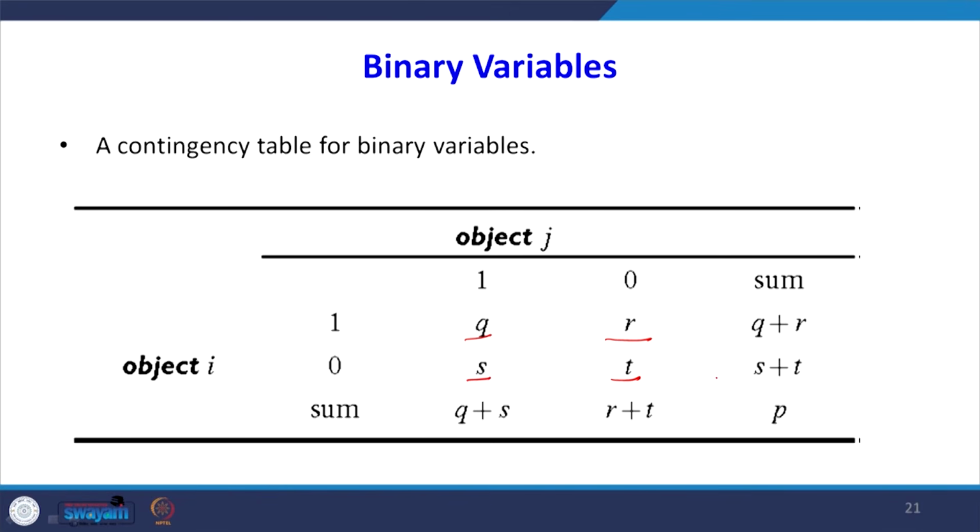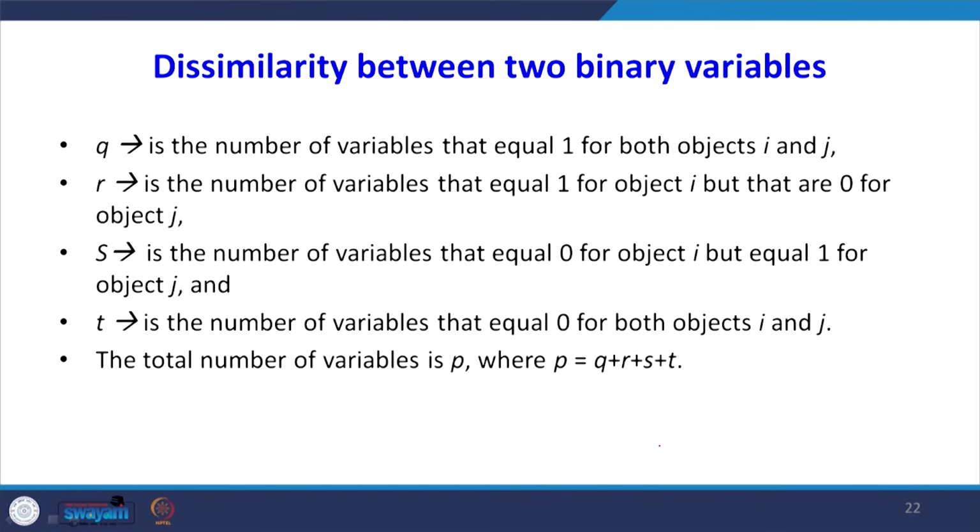The row sum is q plus r when i equal to 1. When i equal to 0, the row sum is s plus t. Similarly, when j equal to 1, the column sum is q plus s. When j equal to 0, the column sum is r plus t. So the sum of q, r, s, t is nothing but your value p. What is the meaning of this q, r, s, t? Q represents the number of variables that equal 1 for both objects i and j.